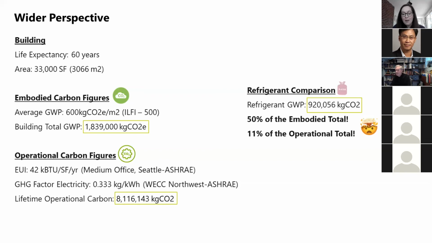That lifetime operational carbon over those 60 years is expected to be somewhere in the ballpark of 8 million kg CO2. You're still looking at 11% of that would be from the refrigerant of this individual chiller that you'd replace twice. So this stacks up very quickly to a very alarming picture, and we can say immediately, we know we need to focus on this.